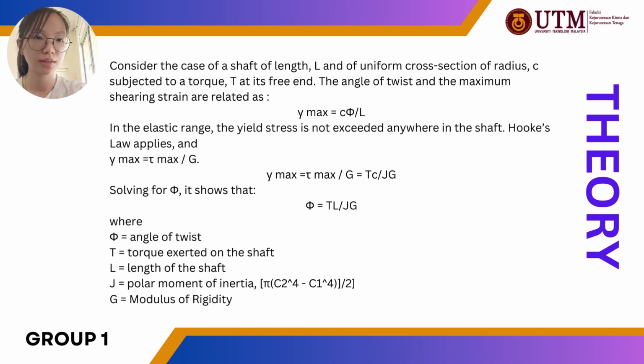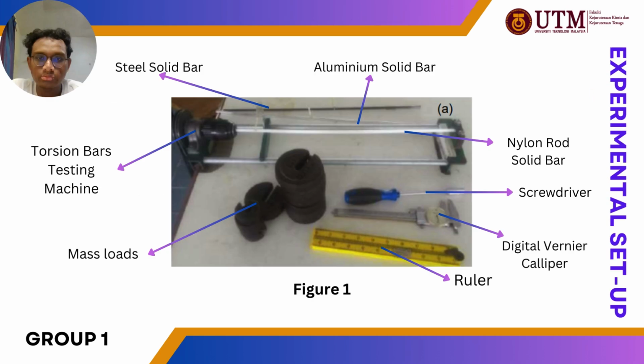Hooke's law applies, and maximum gamma equals maximum tau divided by G, and this also equals T times c divided by J times G. Solving for phi, it shows that phi equals T times L divided by G and J, where J is the polar moment of inertia and G is the modulus of rigidity.